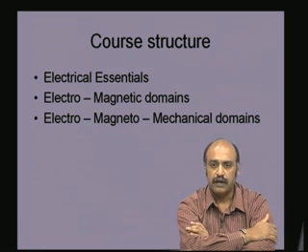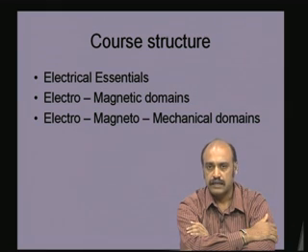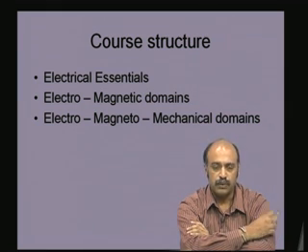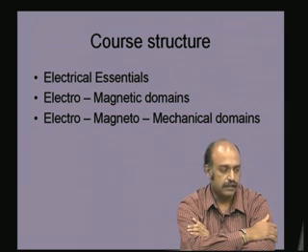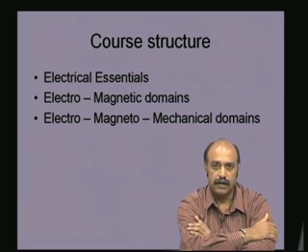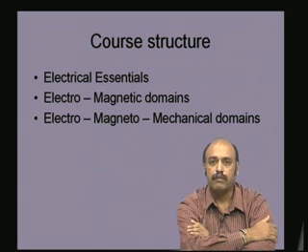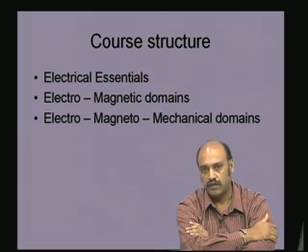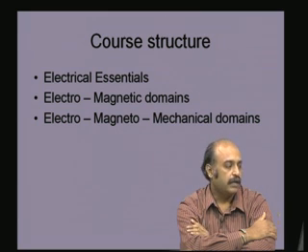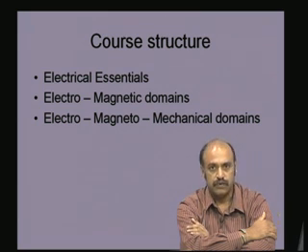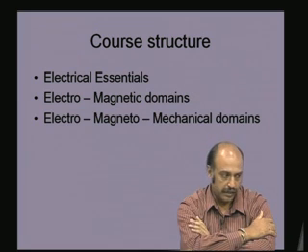They are in fact part and parcel of almost every electrical system, and they form the core and are central to most of the electrical systems. An electrical technology course without a proper understanding of the transformer is always incomplete. So, the second part will focus entirely on the transformers, which is the electromagnetic domain.